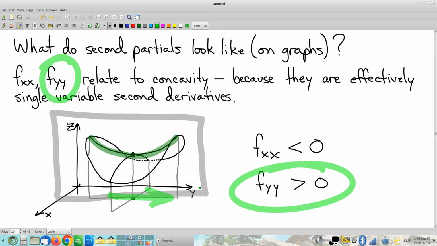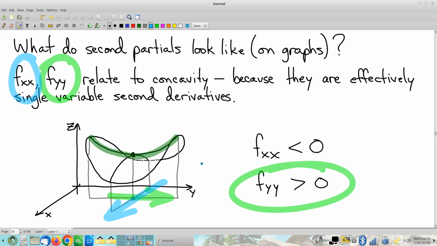The one little sticky wicket is you do have to recognize that you might get a different answer in a different direction. And so, for example, if we're looking at x partials, right, the x cross-section could go the other way. So, for example, for this function here, we have two different second partials. One's plus, one's minus.